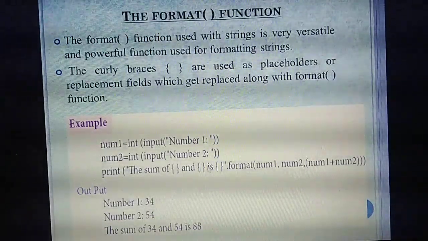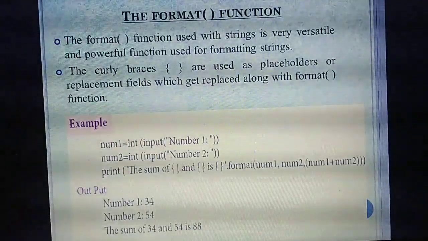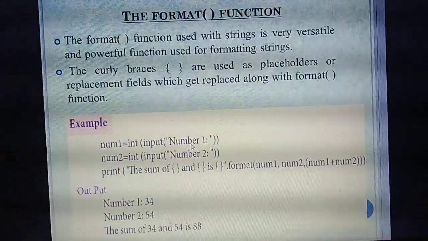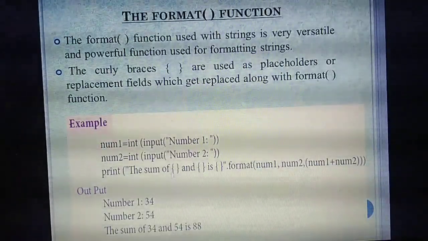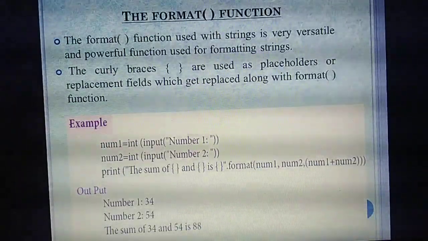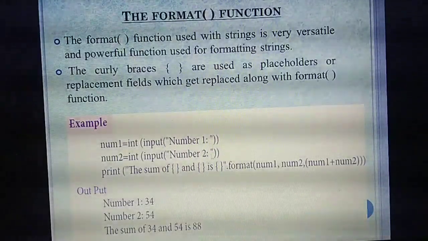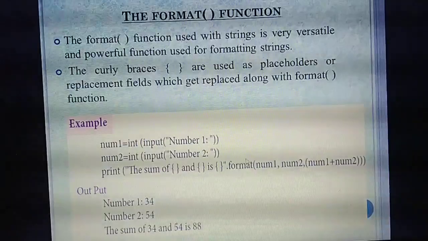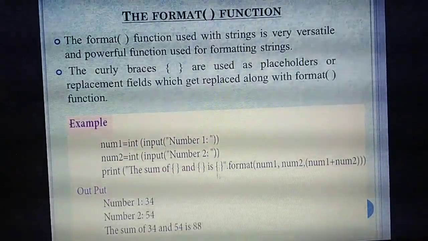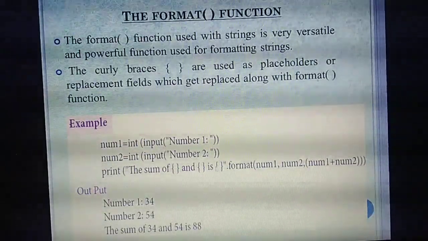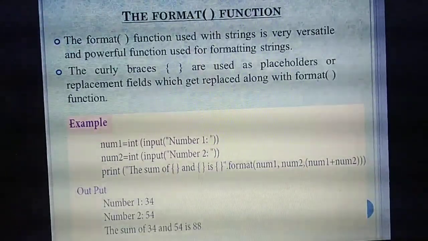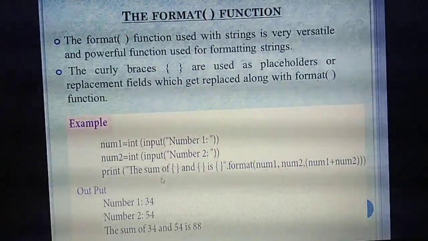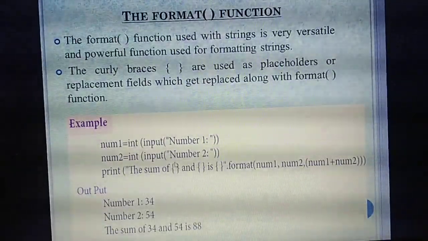The sum of, and you give two curly braces, first and second. If you enter the first number, that value is taken by the first curly brace. And the second number you enter is taken by the second curly brace. Then, after adding the two numbers, the result is stored in the third curly brace. This is why we call these curly braces placeholders. The values are inserted in those places.